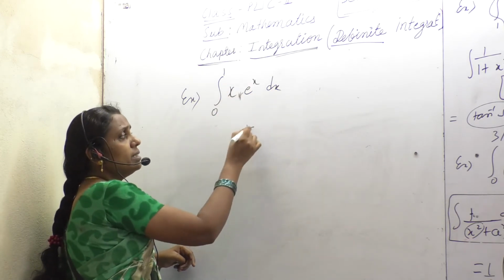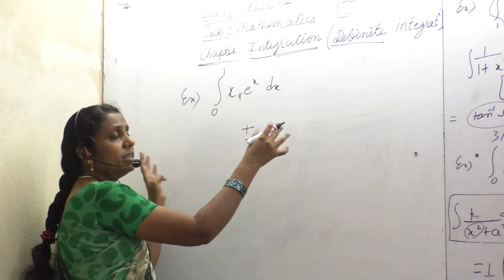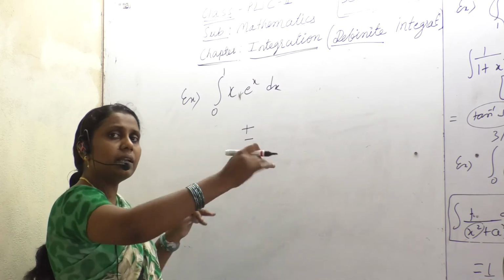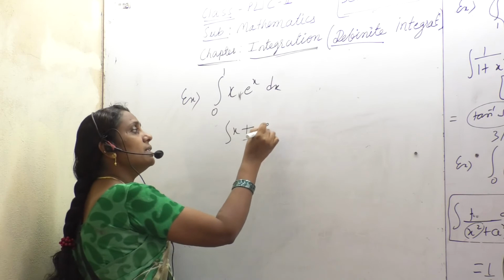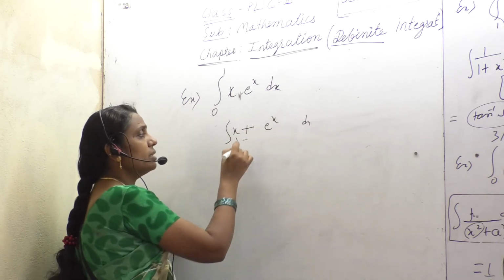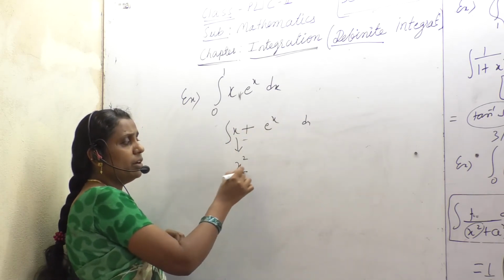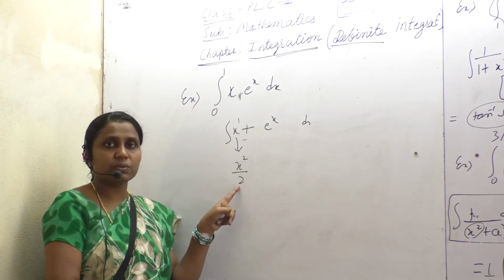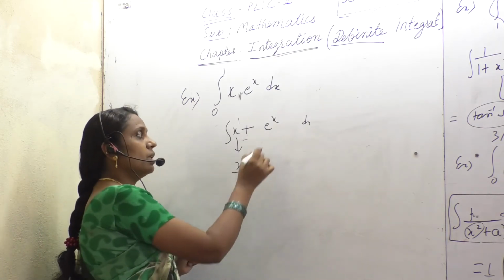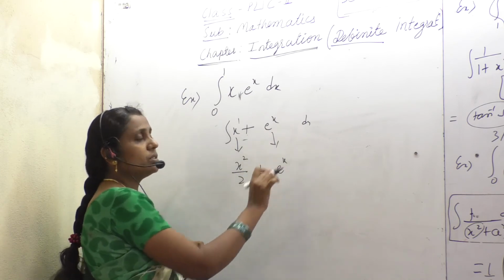Whenever there is plus or minus in between the functions, you can integrate separately. For example, the integration of x plus e raised to x: integration of x is x square by 2, because x raised to n plus 1 by n plus 1, plus the integration of e raised to x, which is e raised to x.